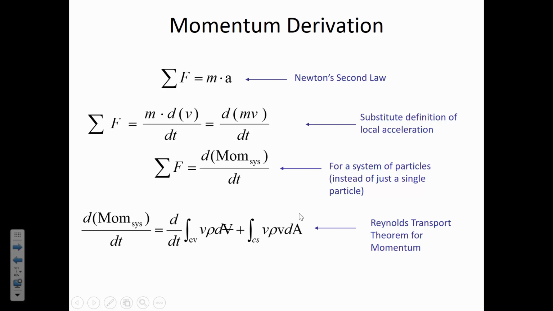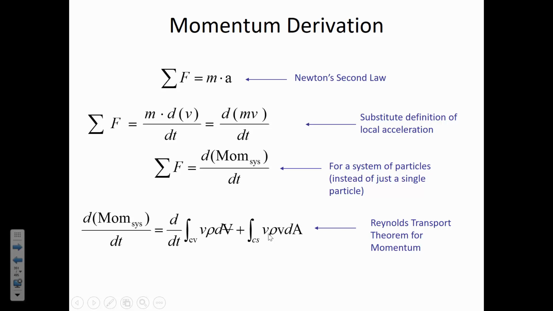Let's look at this transport term a little more closely and what we've got included there. Remember that we have a velocity of a fluid multiplied by the mass flow rate, m dot.